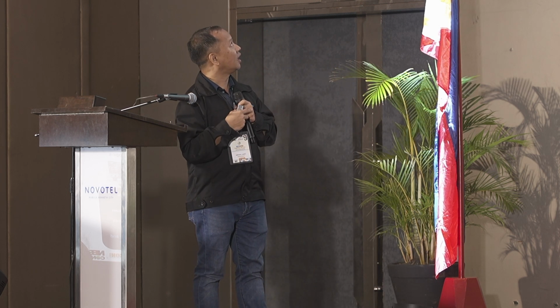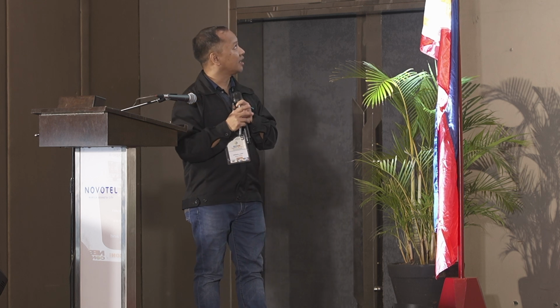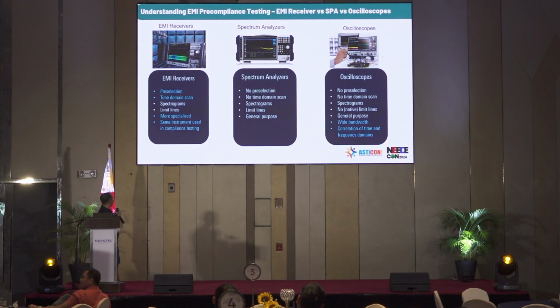First of all, sa tatlong yan, ang pinakamahalaga na factor dyan, yung preselector ng EMI receiver. Usually, ang EMI testing, hindi natin alam kung gaano kataas yung mga EMI noises.